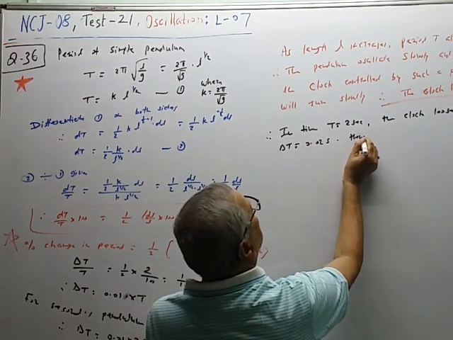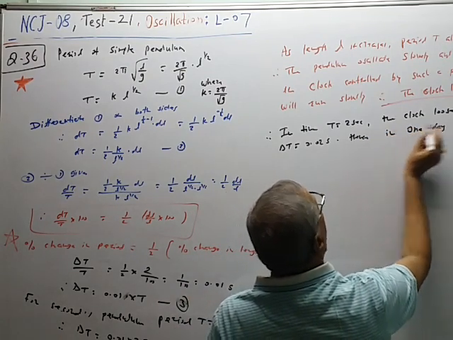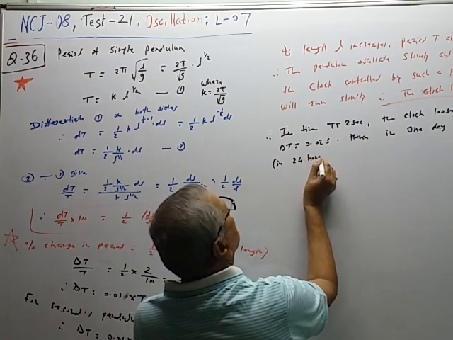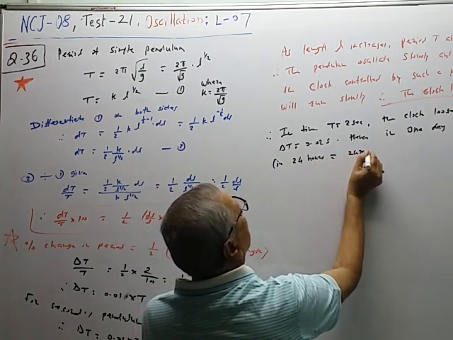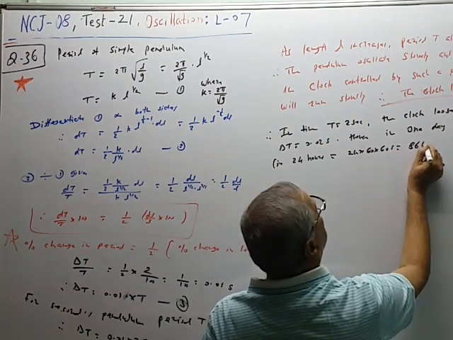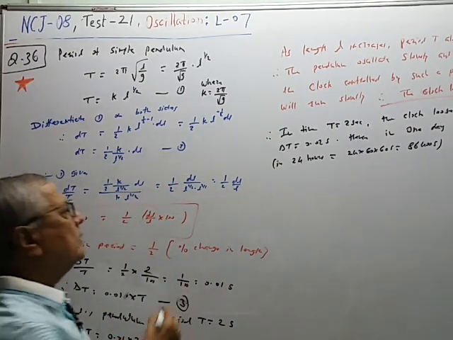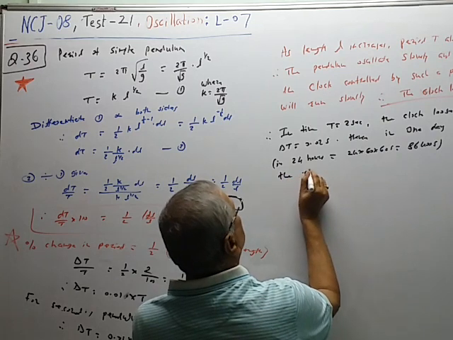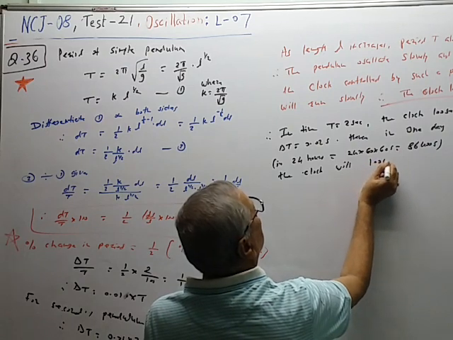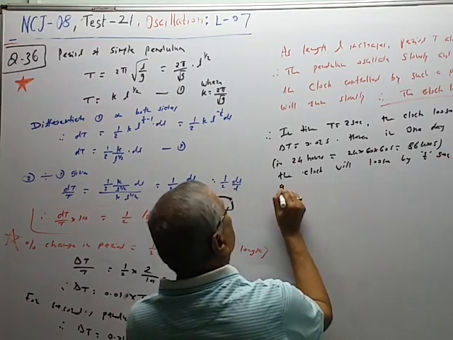Hence, in one day, that is 24 hours, is equal to 24 multiplied by 60 multiplied by 60 seconds, that is equal to 86,400 seconds. In one day, the clock will lose by t seconds, given by.